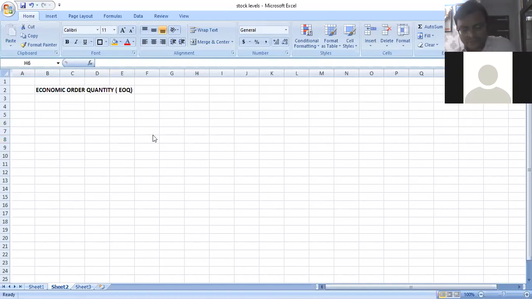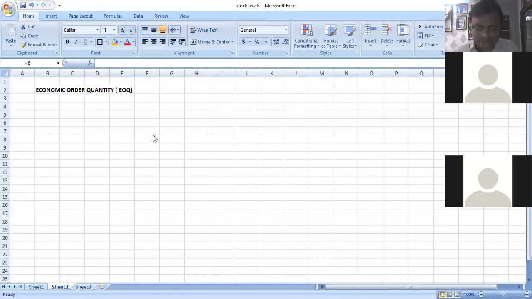Now, whenever you start purchasing anything, what is the additional cost to the purchaser? When we go for purchase cost, when we do purchasing, what costs come? Can you first tell me what costs can come when you purchase materials?